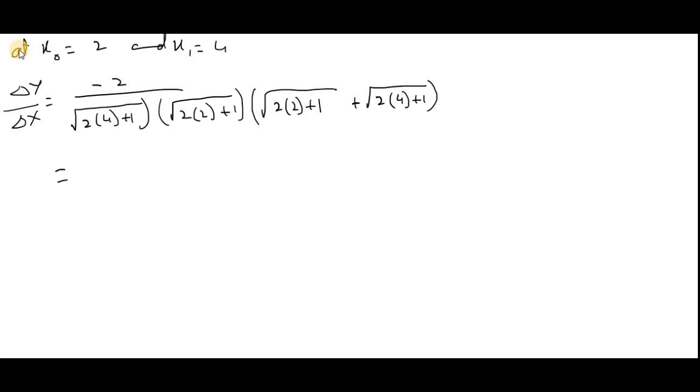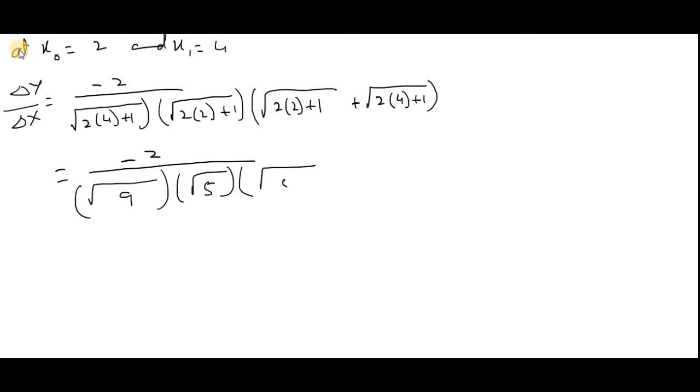Now simplifying each term, we get minus 2 over under root 9 under root 5 (under root 5 plus under root 9). This we get minus 2 over 3 under root 5 (under root 5 plus 3).